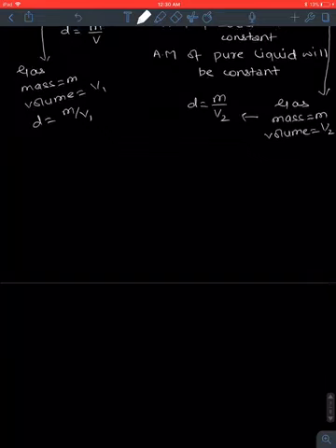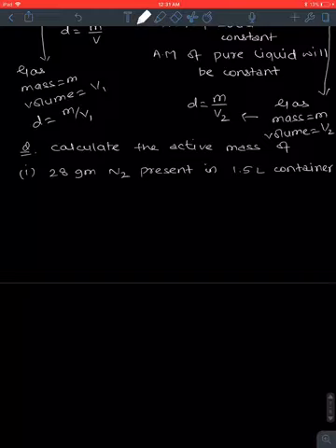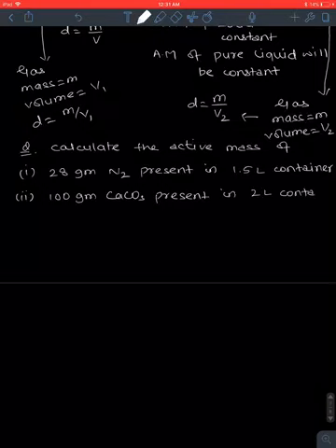So this much is an active mass. Let us suppose we're having a question like this: calculate the active mass of A, 28 gram nitrogen present in 1.5 liter container, and second will be 100 gram calcium carbonate present in 2 liter container.